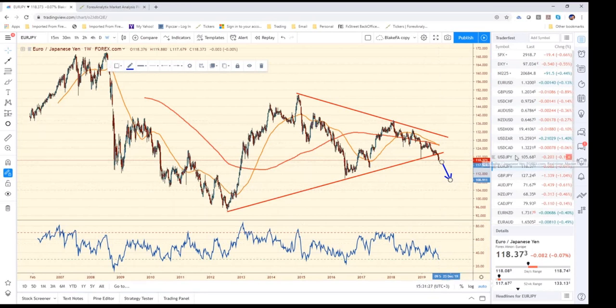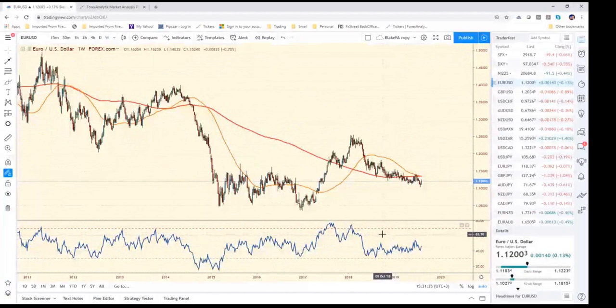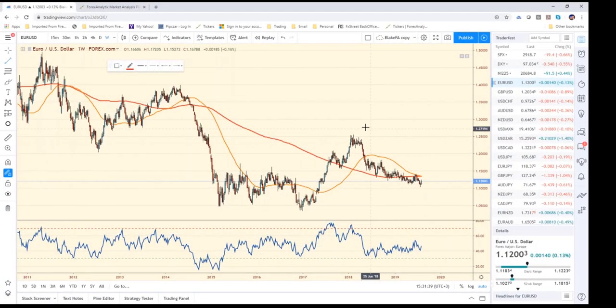The dollar yen may be a great short, but the euro yen may not be the best short out there, because if you look at the euro dollar, and this is a weekly chart of the euro dollar, we are in a descending wedge, right? Now, for those of you that follow, I'm a very basic technical analysis guy. I've been trading since the mid 90s.